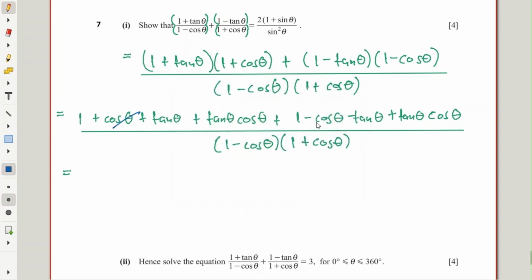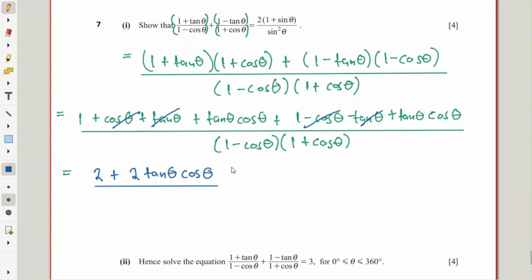This and this will subtract. Can something subtract again? This and this will subtract. Okay. So 1 plus 1, I'm getting 2. Then this plus this, that will be 2 tan theta cos theta.